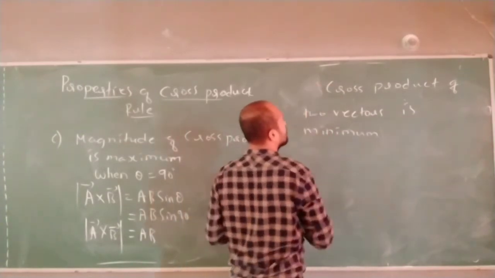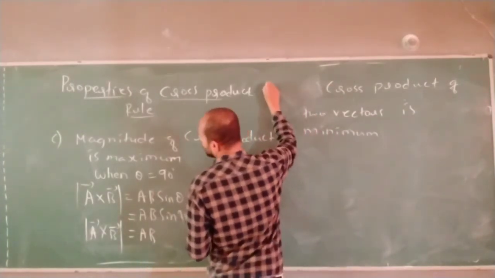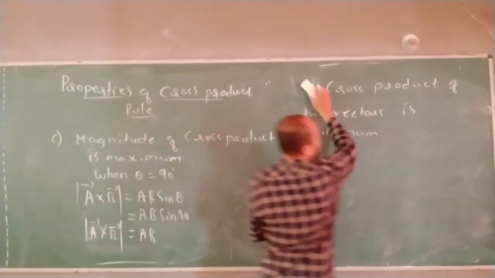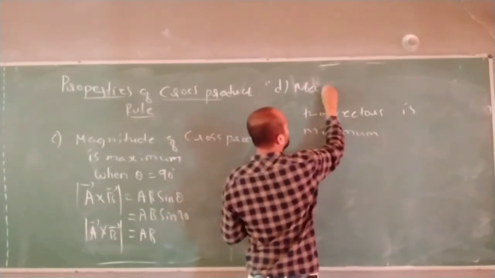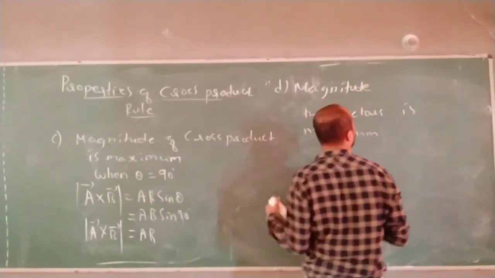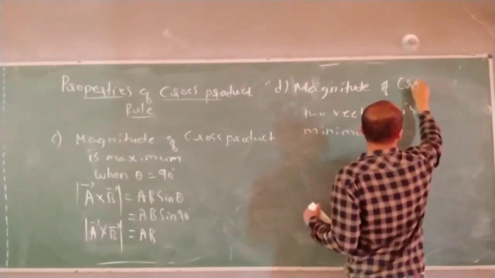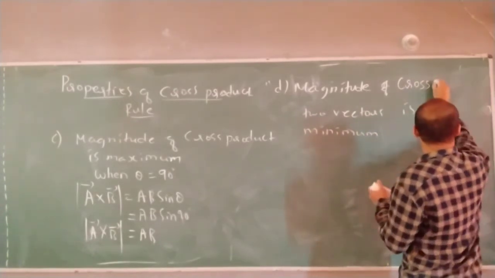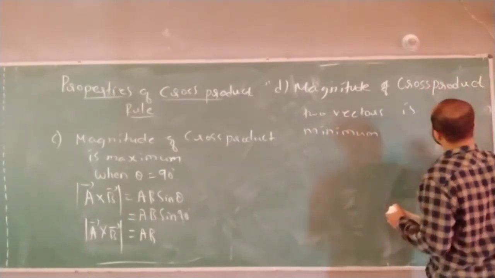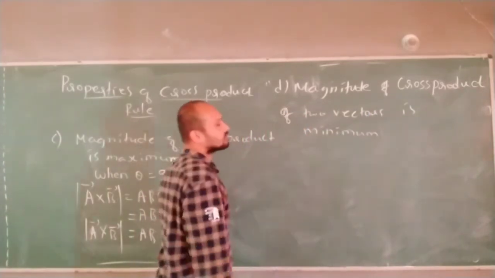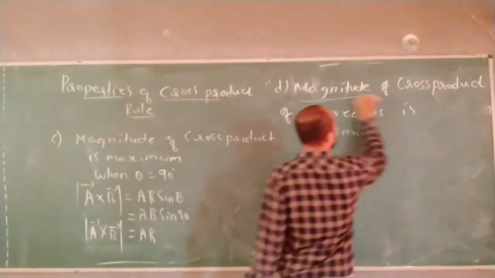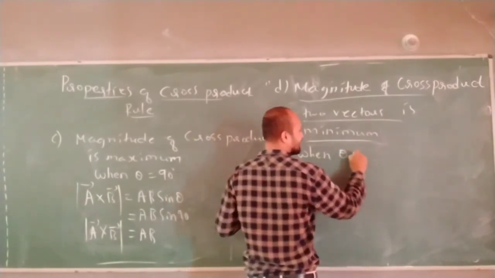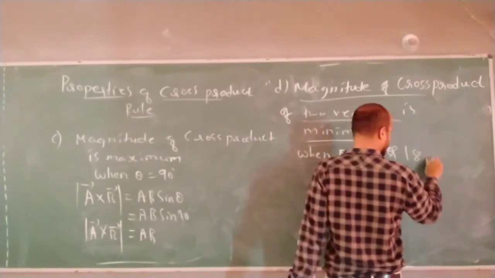I am talking about the magnitude. It is minimum when theta is equal to 0 degrees or 180 degrees.